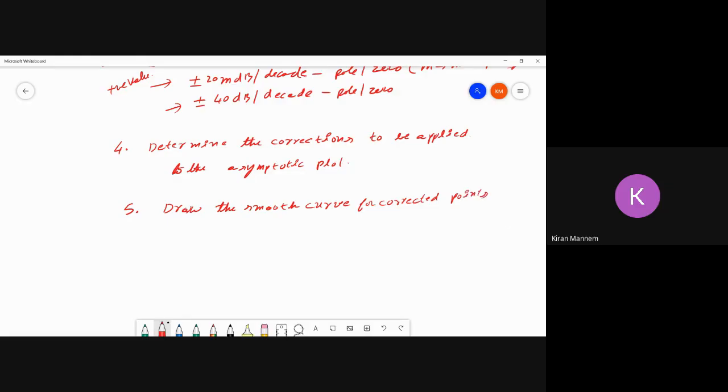Right. So the final step, till this point we discussed only the magnitude plot. The final step would be the phase angle.